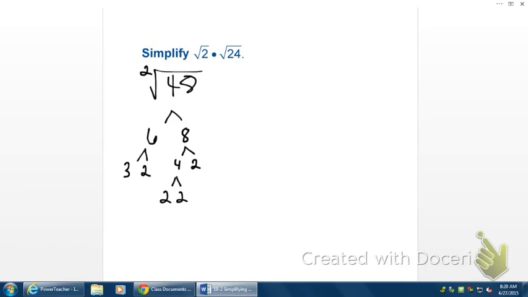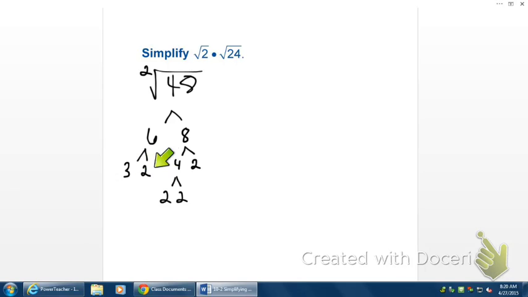So 2's your answer for it. There's a couple of pairs, but you only put one number, so it's 2. Make sure you recognize what numbers are at the end of your roots, because we have a bunch of numbers here.